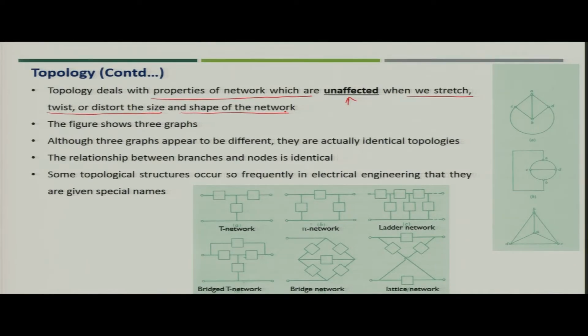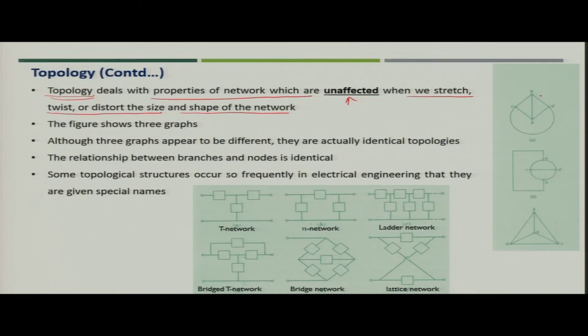That means that if you have the network and you change the orientation of the graph by stretching, twisting or distorting its size, if you keep the connectivity information intact, all the different types of stretches or distortions you have created with that particular circuit will always remain the same, because the topology of the network is the same.